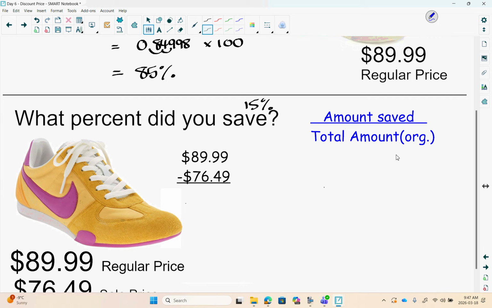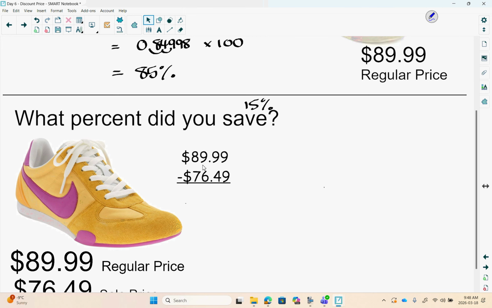Another way to do it would be to figure out your savings. What are your savings in this case? The savings would be the difference between $89.99 and the sale price, $76.49. We're saving $13.50 here.